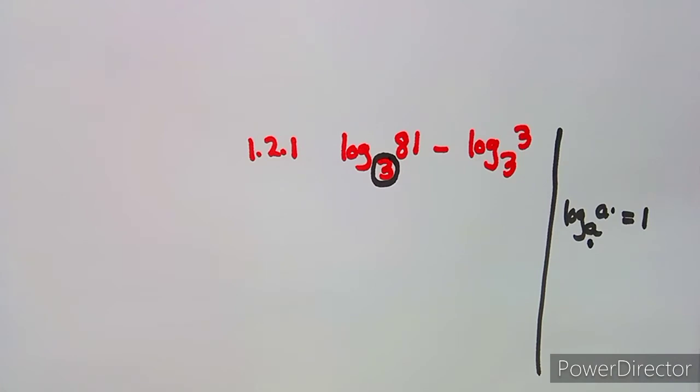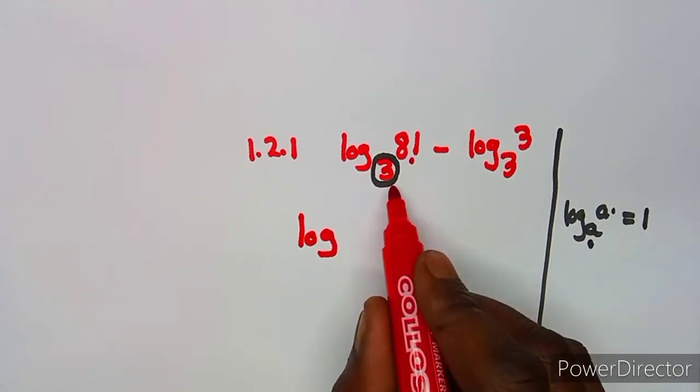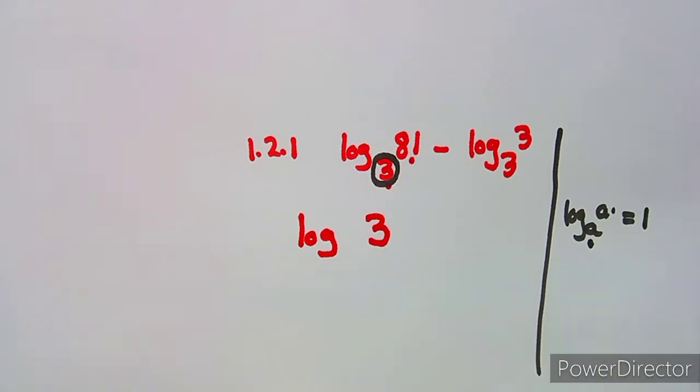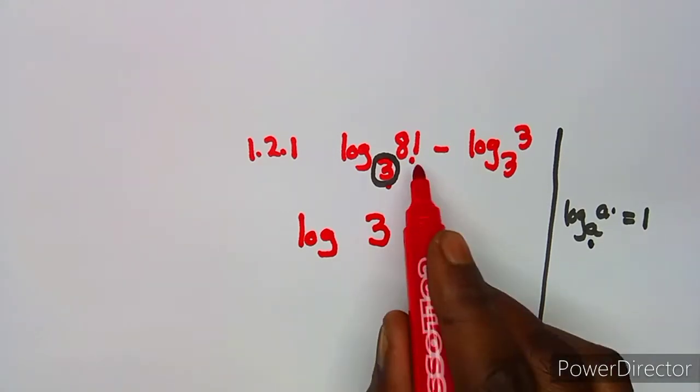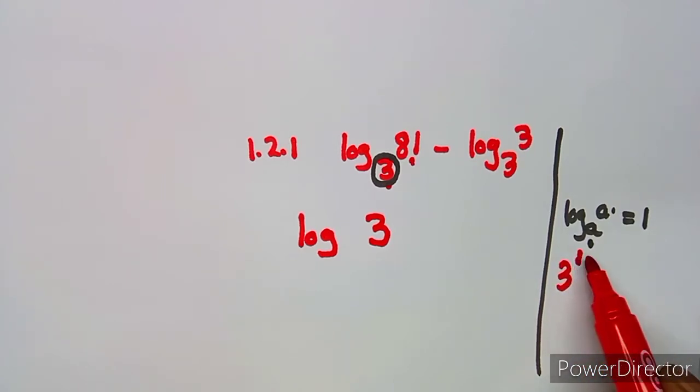We are going to take advantage of that base 3. So I'm going to write 81 in terms of 3. So this is 3 to the exponent of what number? That is going to give us 81. All right, so this is 3 to the exponent of 4, which is going to give us 81.